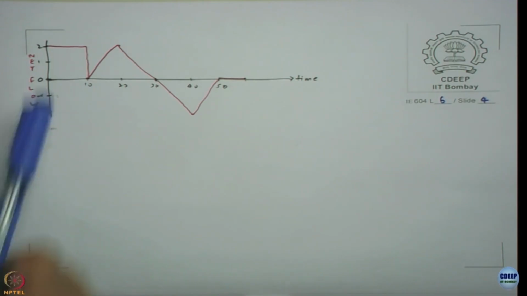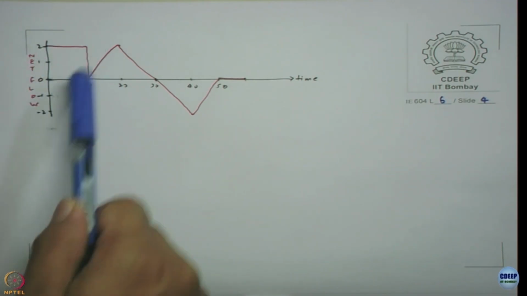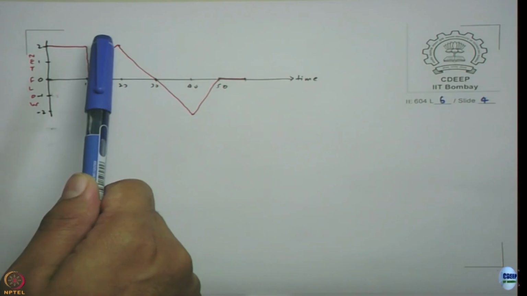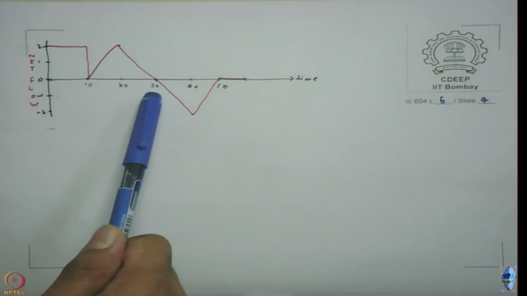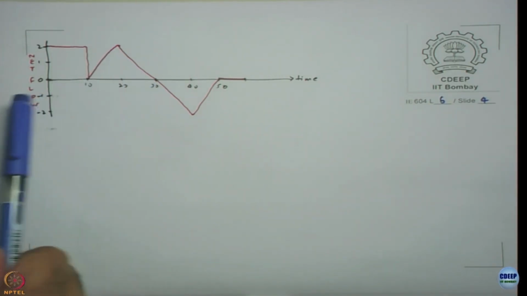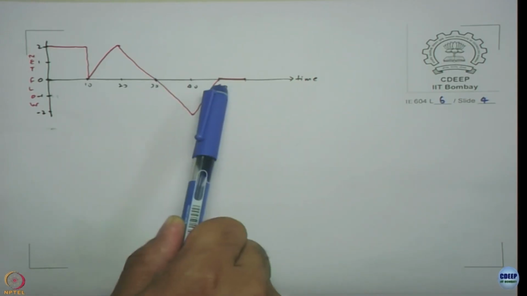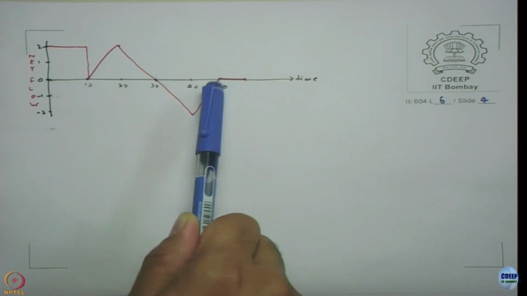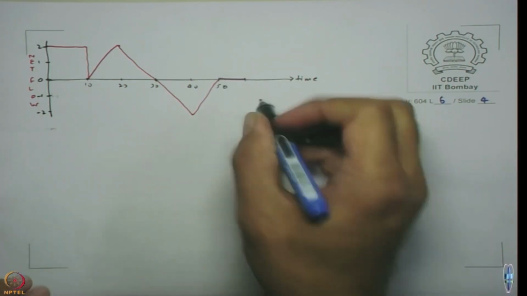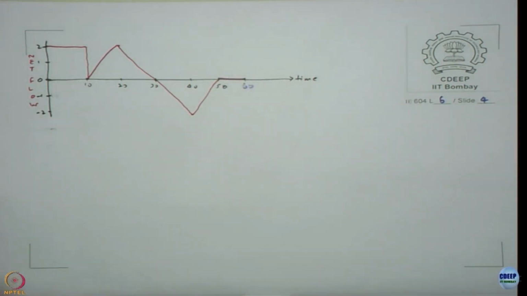Instead of a rectangular pulse, the net flow is now a ramp function. It increases and decreases linearly to 0 at time 30, then it goes to -2, then again comes back to 0 and remains 0 from time 50 to time 60. So the y axis goes 0, 1 and 2, 0, -1, -2. That is the y axis, and this is the input function given.